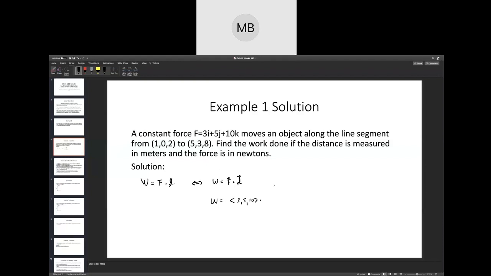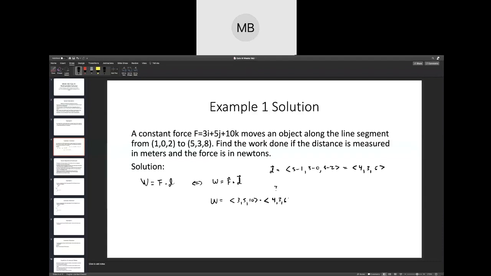We need to find what this vector d is, and we can do that by simply taking the 2 points that are given and then subtracting them. So you have 5 minus 1, the first coordinates, 3 minus 0 in the second coordinate, and 8 minus 2 in the third coordinate. So let's see, we get 4, 3, 6. So we'd have to take the dot product of these.